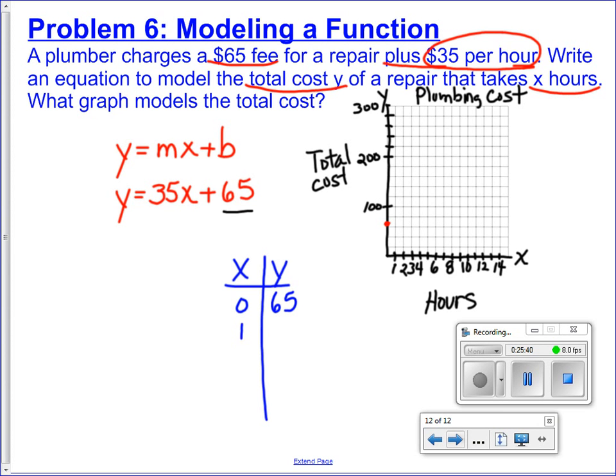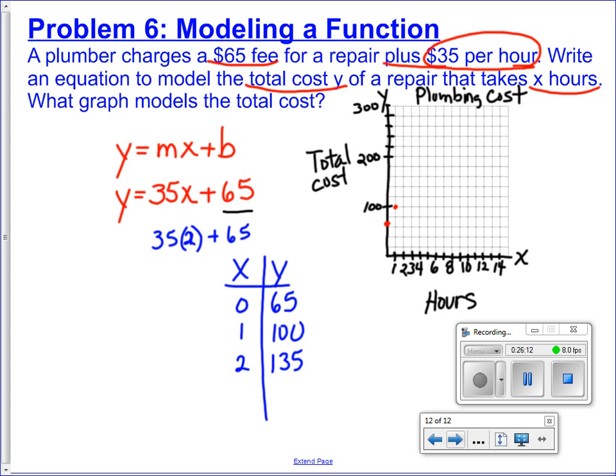If I put 1 in for x, 35 times 1 gives me 35, plus 65 is 100. So let's plot that point on our graph, 100. Okay, let's plot 2 points. Okay, if I put 2 in for my x, 35 times 2 is 70. 70 plus 65 would be 135.